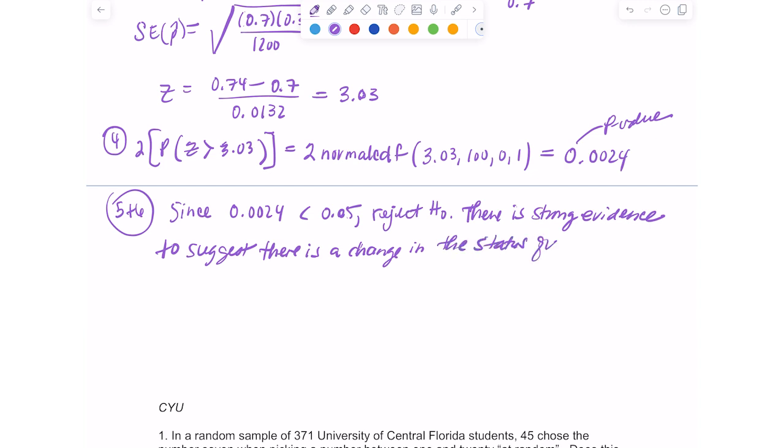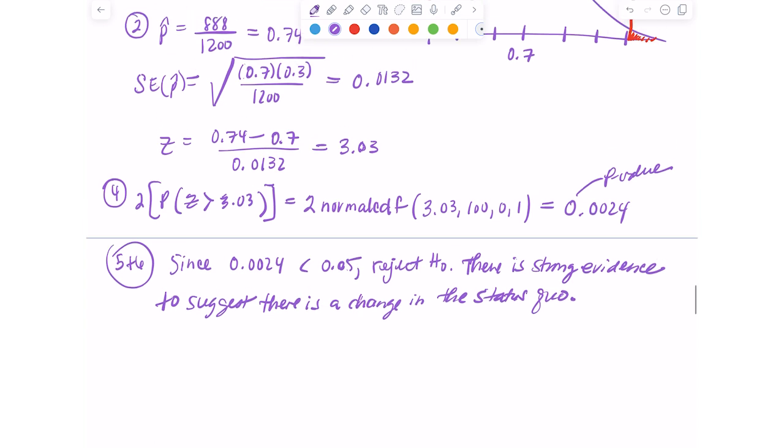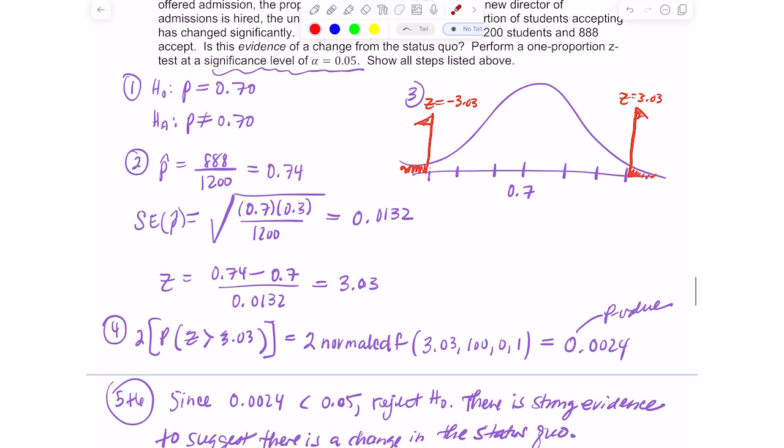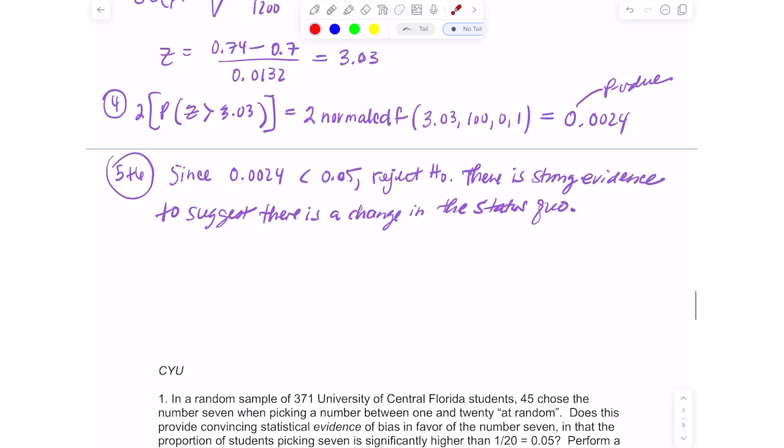So the proportion of students accepting admission is either more than or less than 0.70. If we look at our p-hat, it's showing that it's slightly more. So: change in the status quo, or change in the proportion of students accepting admission.